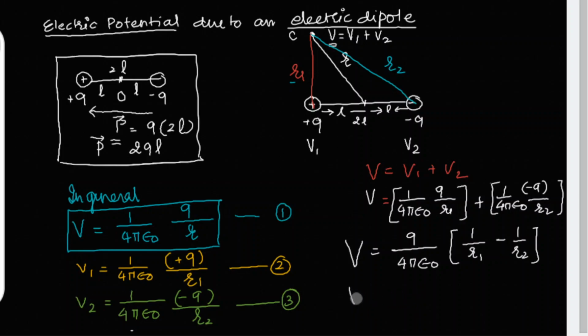That again we simplify as Q upon 4 pi epsilon 0, and after taking the LCM, which is the product of the two, R1 R2, here I'll get R2 minus R1.